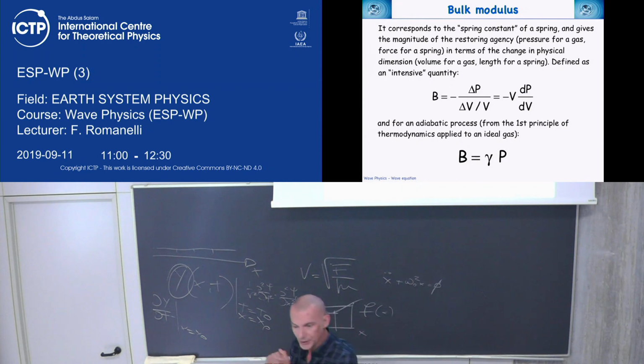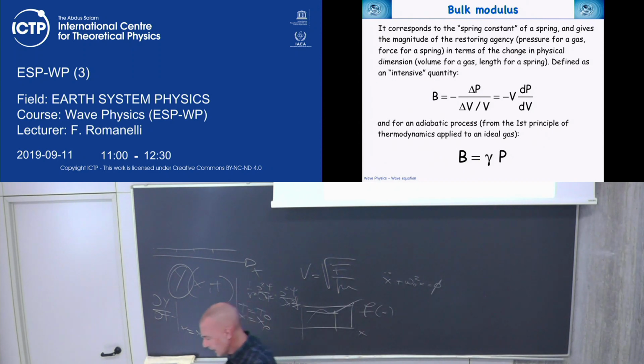And you measure what is the percentage of volume that is changing when you apply that pressure. Now, if you take a diamond, or something that is infinitely incompressible, you will get zero change of volume, whatever is your pressure. If you take air, it's easy to be compressed.